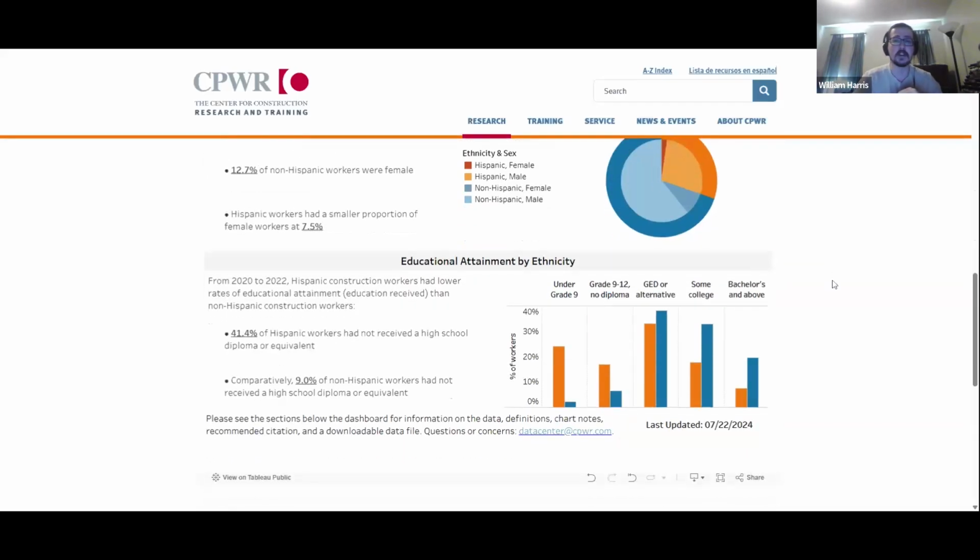And lastly, we also cover educational attainment by ethnicity. And we can see that of the construction workforce, 41.4% have not received a high school diploma or equivalent, compared to the non-Hispanic workers within construction, for which only 9% of that workforce had not received either a high school diploma or a GED.